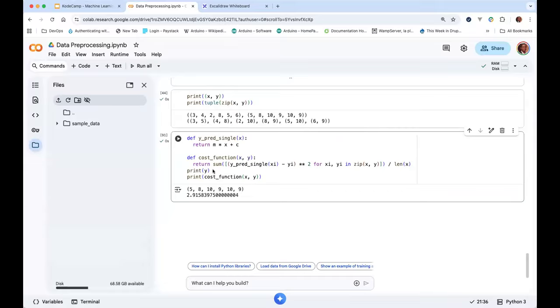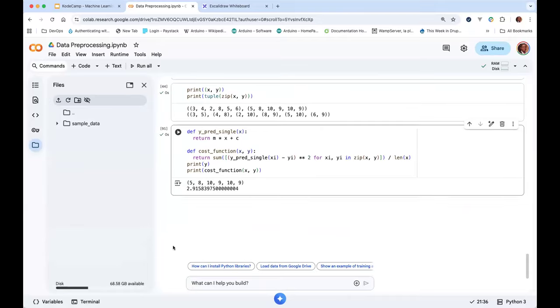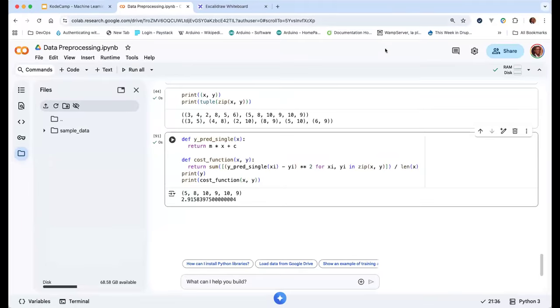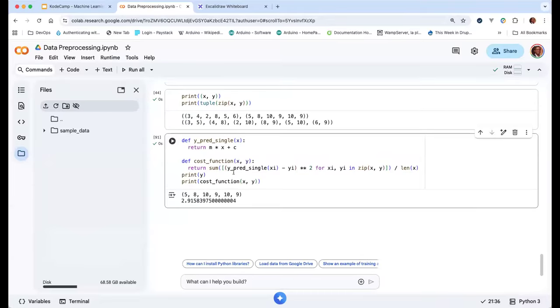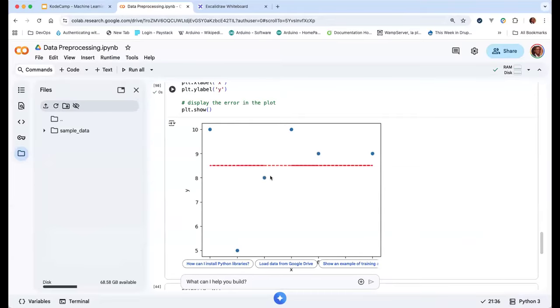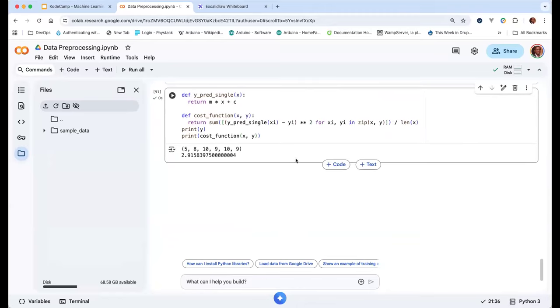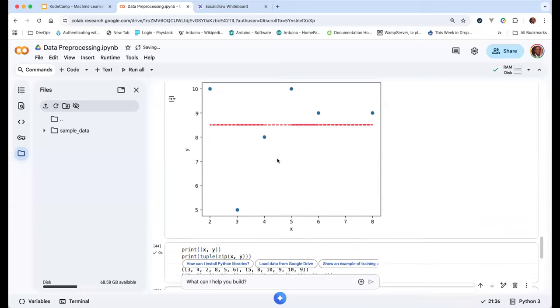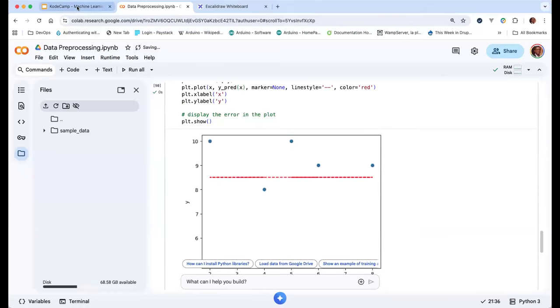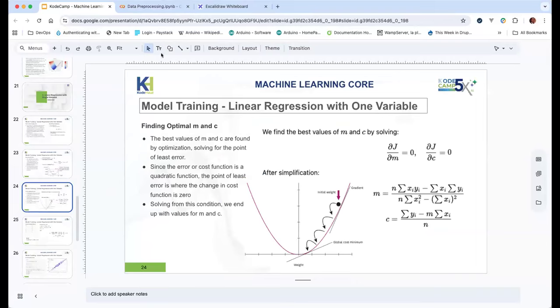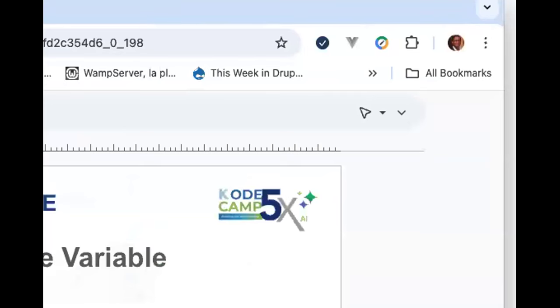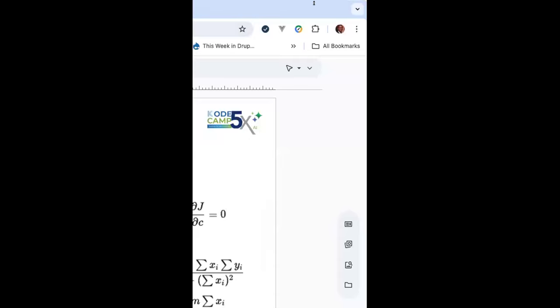So yes, now with gradient descent, there would have been a way that we would have gradually adjusted it until we get this value. So you see how much better this is in terms of error and all of that. So this is essentially gradient descent. This is how you train a neural network. So I'm going to wrap this up now.